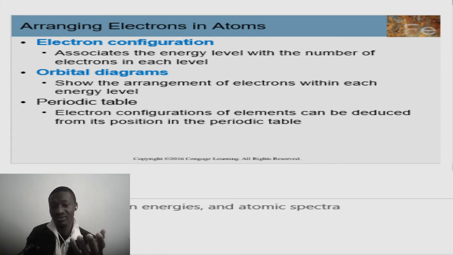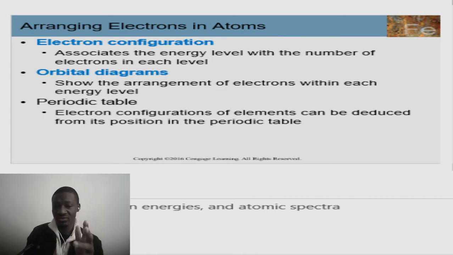So I have what we call the orbital diagram, and the orbital diagram just shows the arrangement of the electrons within each level. So you have the electron configuration and you have the diagram that shows arrangement. The first one associates the energy level with the number of electrons on each level.